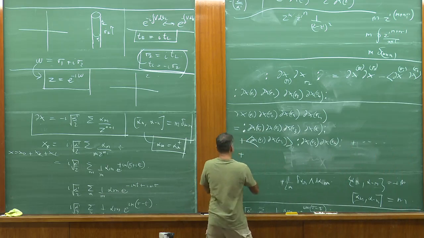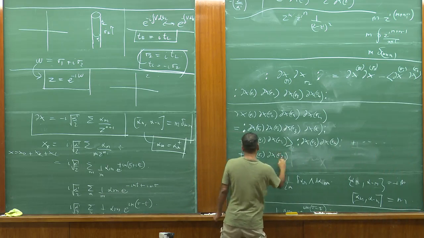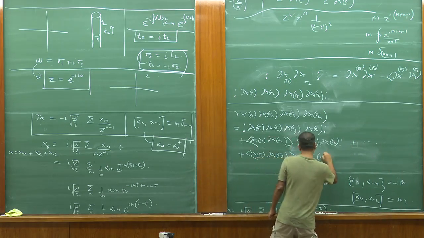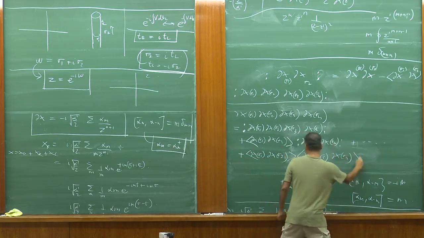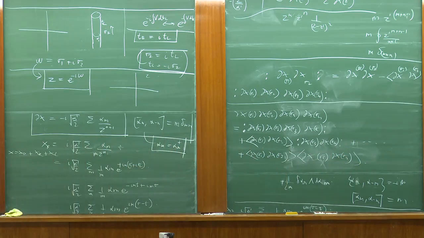Plus del x of sigma 1, del x of sigma 2 expectation value, del x of sigma 3, del x of sigma 4 expectation value, and maybe in this case 2 other terms. So it's just in pairs and they're equal. Yes, 2 other terms. Thank you. Okay? And you keep going.